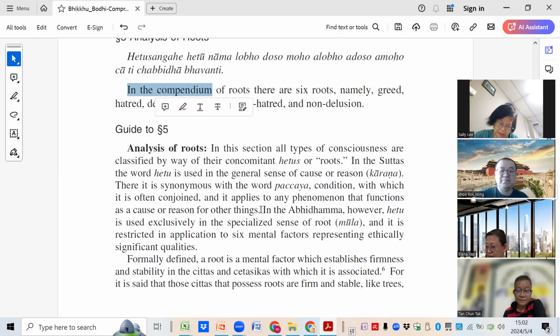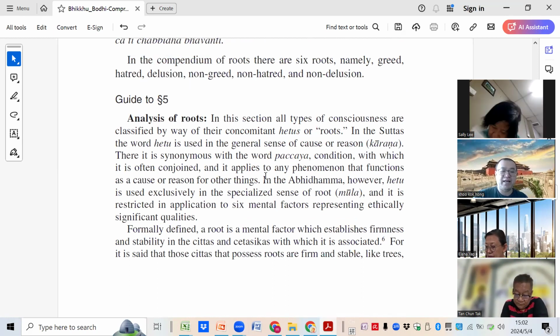In the compendium of roots, there are 6 roots, namely greed, hatred, delusion, non-greed, non-hatred, and non-delusion. Analysis of roots. In this section, all types of consciousness are classified by way of their concomitant hetus or roots.